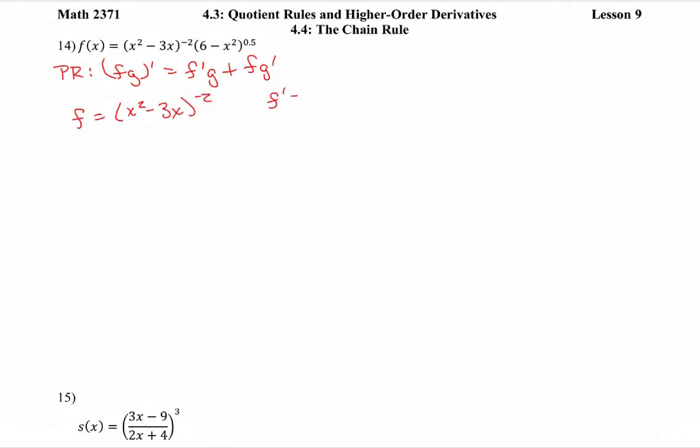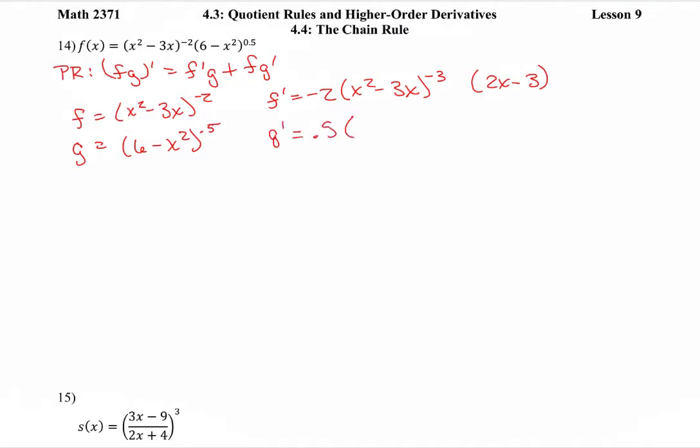So f prime equals negative 2 times (x squared minus 3x) to the negative 3 times (2x minus 3). And g equals (6 minus x squared) to the 0.5, and g prime equals 0.5 times (6 minus x squared) to the negative 0.5 times (2 minus 2x).